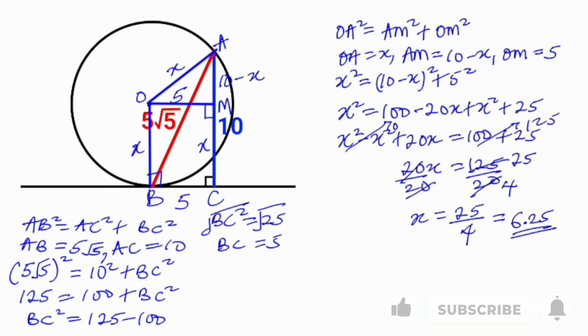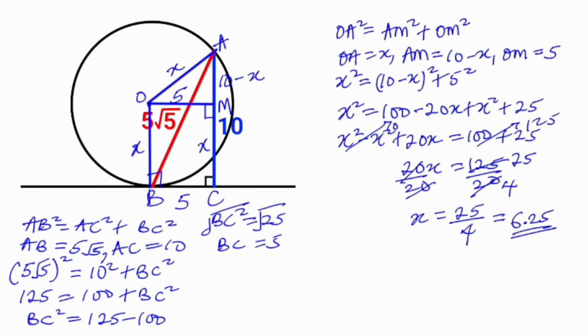Let's take a moment and do a quick recap of exactly how we found that radius. We started by focusing on the large right-angled triangle, ABC. By using the Pythagorean theorem, with our known hypotenuse of 5 root 5 and a height of 10, we calculated that the base, BC, is exactly 5. From there, we dropped a perpendicular line from the center of the circle to the vertical height. This created a perfectly neat rectangle, OBCM.